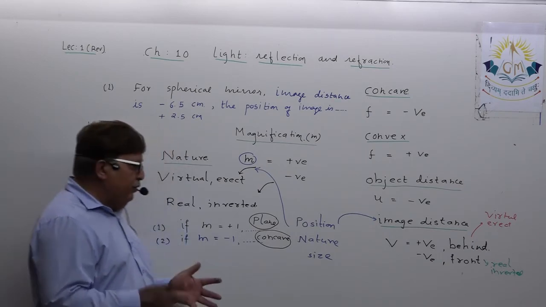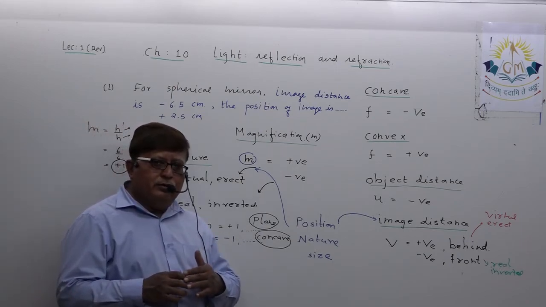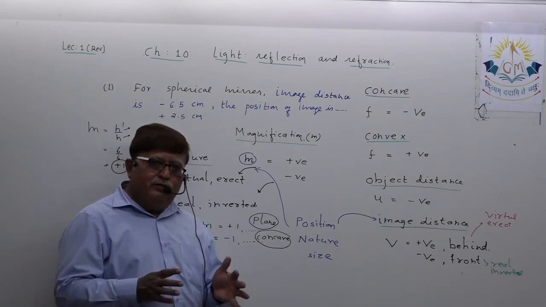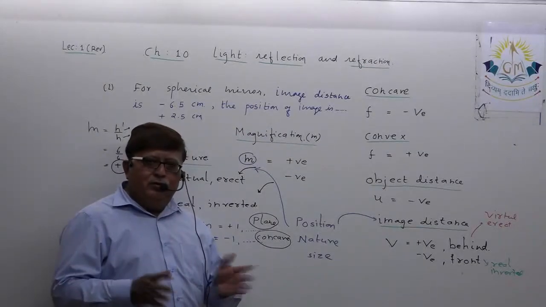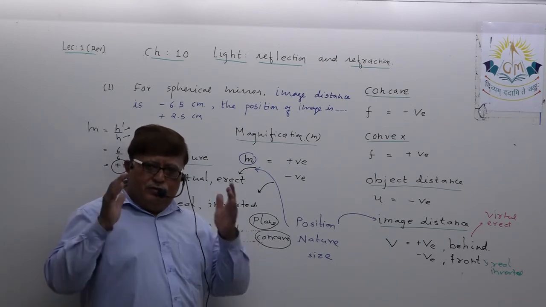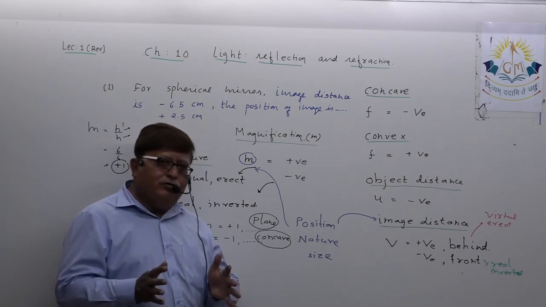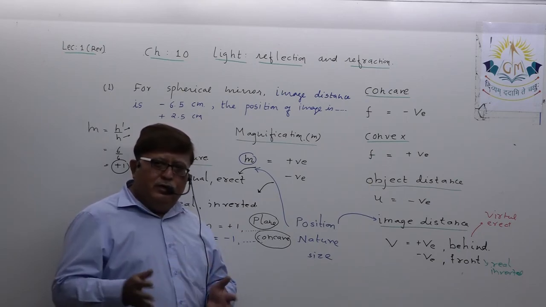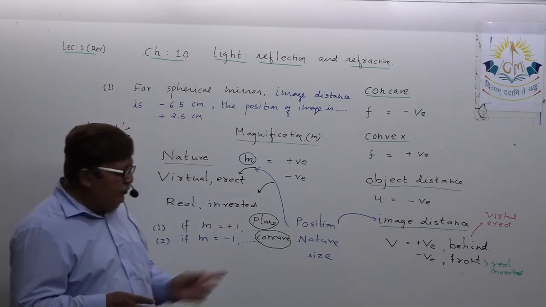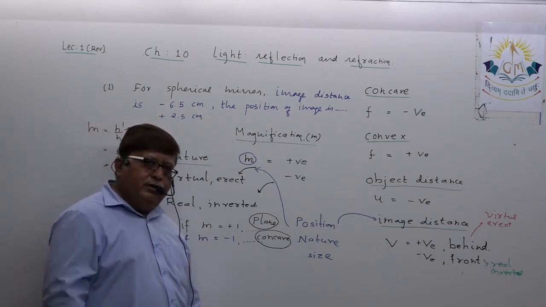I have seen students when they are not stronger in their basics, then you have to look here and there and try to just catch the data of the sum. If you are conceptually stronger, any example asked, you may be able to solve it very clearly.